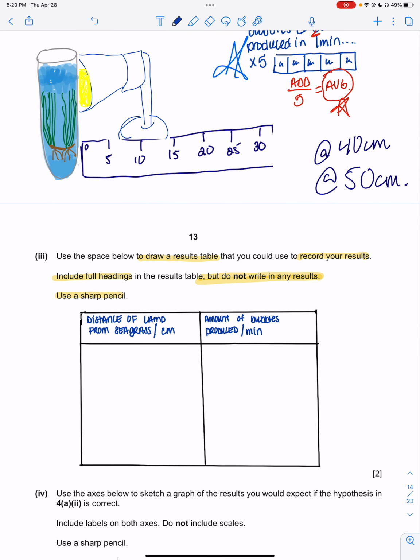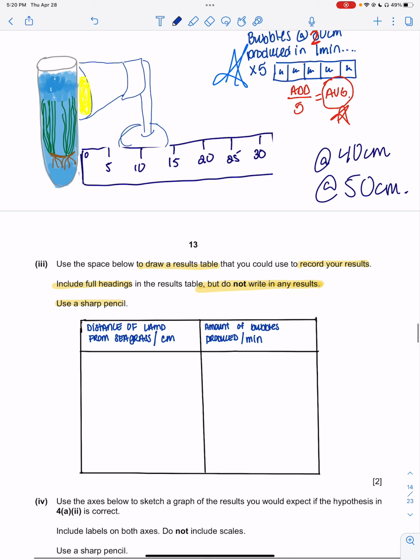You don't have to by any means, but sometimes they may have an additional table put in. Or you could go next to it and do, even right here, an average. And so you would have the amount of bubbles.